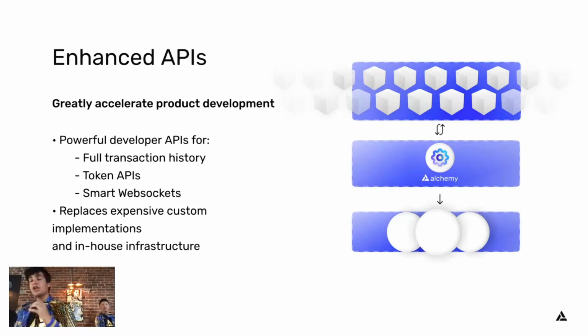There are also things like token APIs, which allow you to access information on ERC20 tokens, and things like NFTs, ERC721s, ERC1155s. We'll jump into that later. We also have smart WebSockets. I definitely recommend you check out our Alchemy Web3 integration if you're playing around with Web3. It has nice things out of the box like retry logic, exponential backoff, all of these different things that you might find helpful as developers.